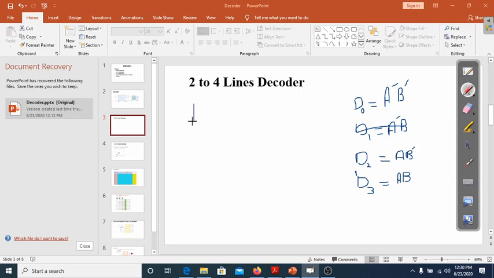This is input A and input B. By taking a NOT gate, I can write this is the complement of A and this is A.